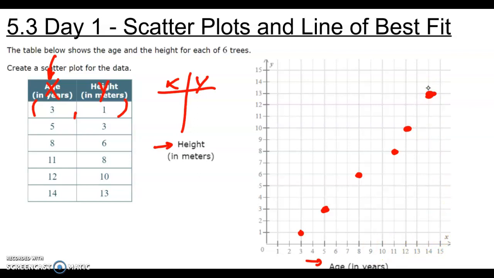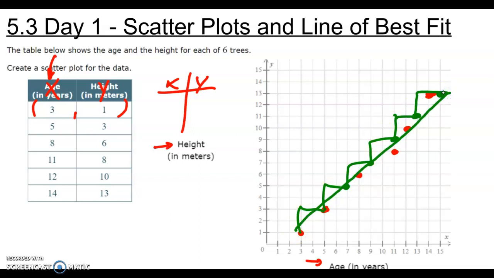Now, this scatter plot is even a little bit not exactly realistic, but what we can tell here is that they don't go up at the same rate or make a straight line all the way through. That's what you're going to see with scatter plots. If you look, this is a rise of 2, a run of 2. That'd be a slope of 1. So if that were to continue, this is where my points would be in green. And it would make a straight line through those green points.